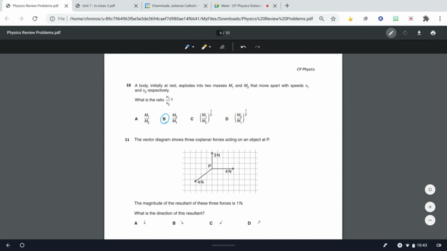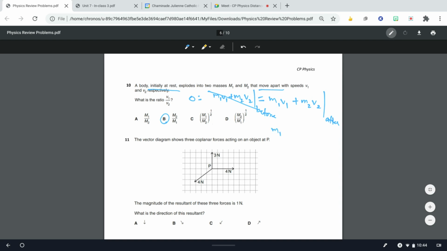Why? Momentum is a conserved quantity, right? So m1 v1 plus m2 v2 before is equal to m1 V1 plus M2 V2 after the entire thing happened. It says the body was initially at rest, so this is all equal to 0. The other part says they move apart, so they're moving in opposite directions.